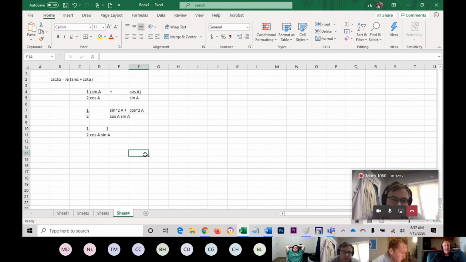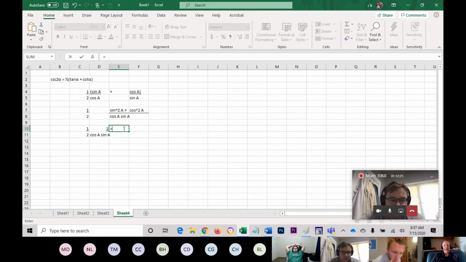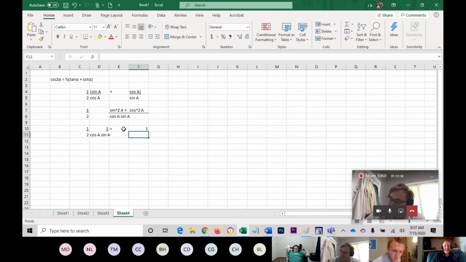Could you split up the cosine and the sine? No, but what have you wanted to do with that 1/2? That I've been telling you not to do. Let's distribute it now. Okay. So 1 times 1 is 1. And on the bottom, we've got 2 cosine alpha sine of alpha.